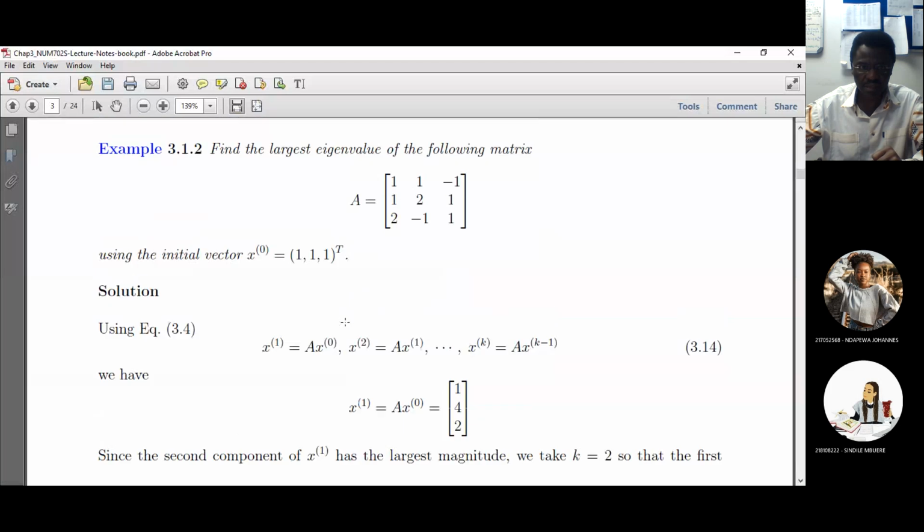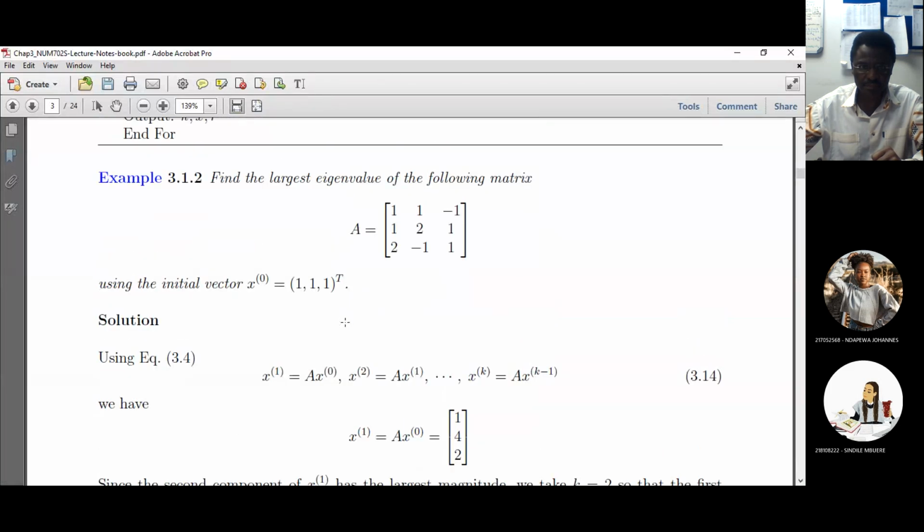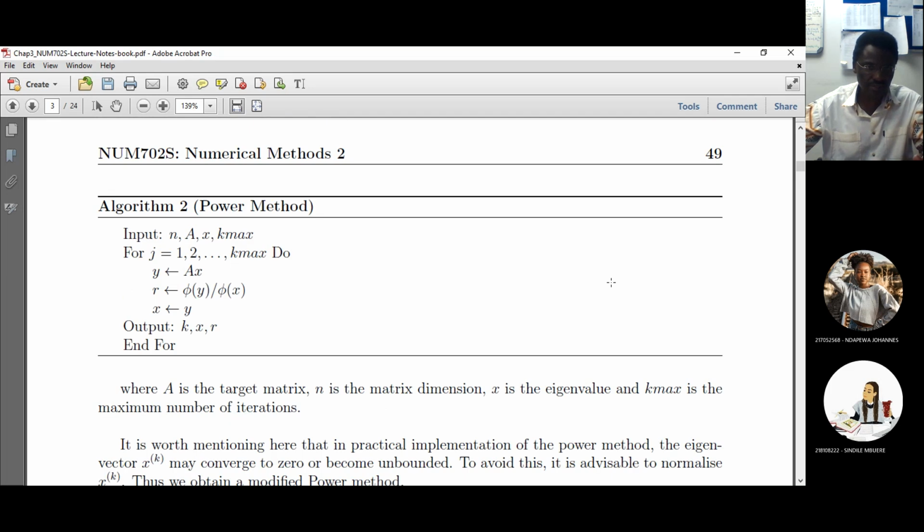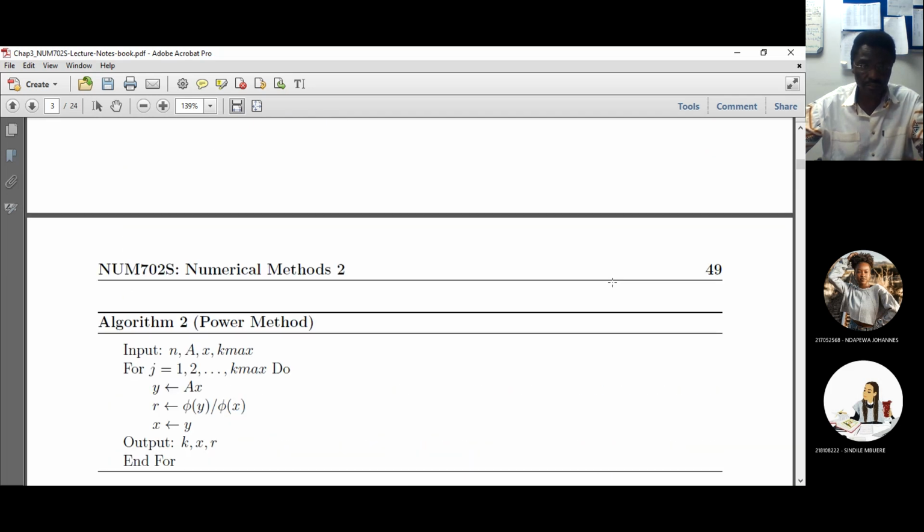Now, we want to see how to apply this power method. If you remember, we said we construct a sequence of xk like this, and we expect xk to converge towards the root, that is the dominant eigenvalue.